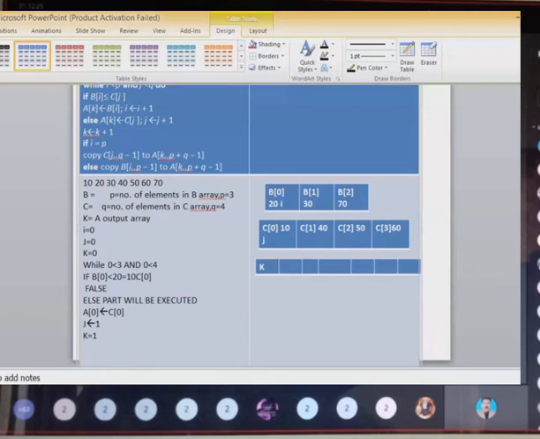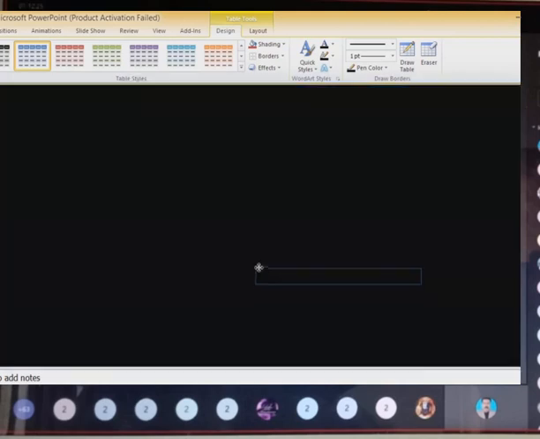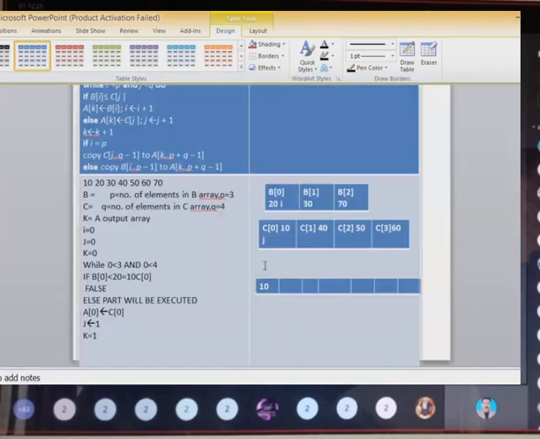What is C of 0 value? 10. So this is the output array A: 10. J equivalent to 1, K equivalent to 1.